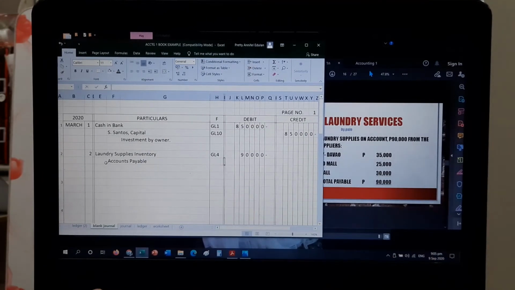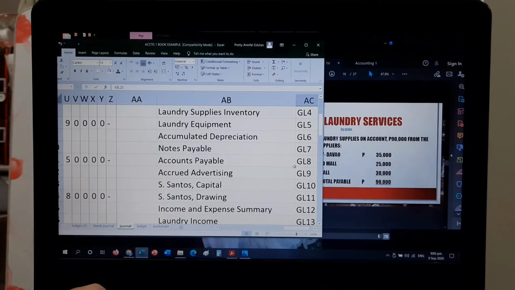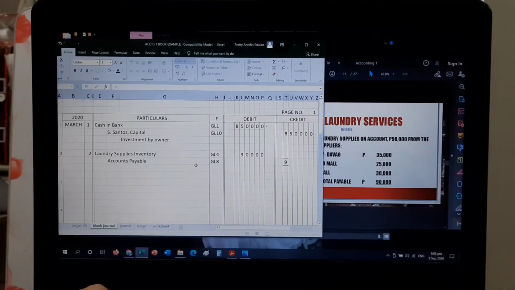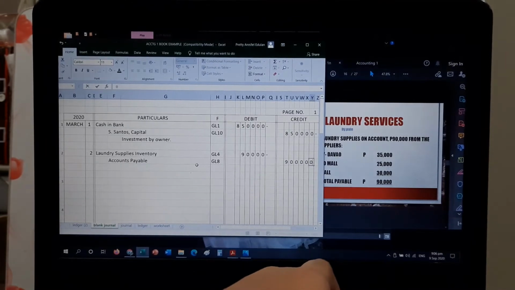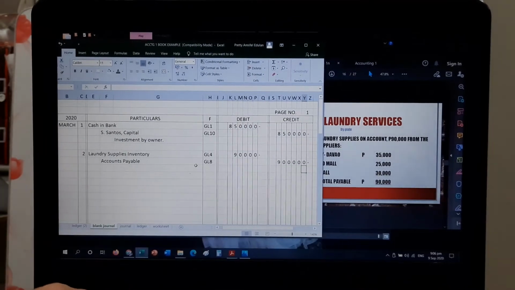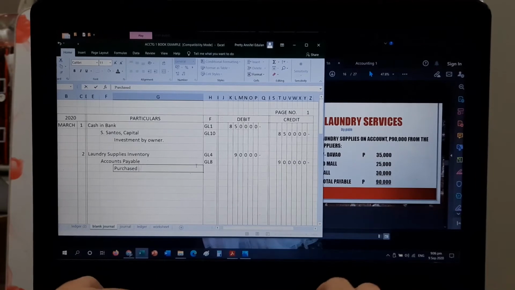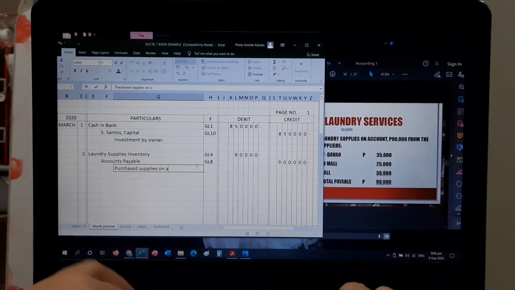So look at the chart of accounts. Accounts payable is GL8. So that is 90,000. So, purchased supplies on account.